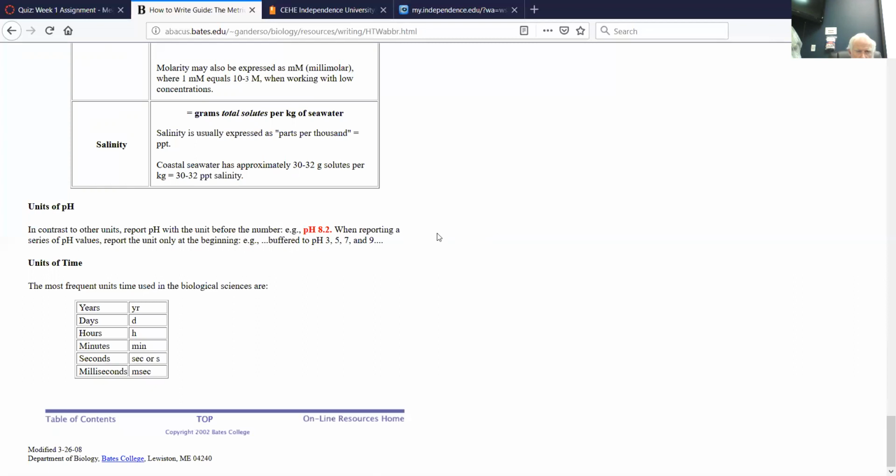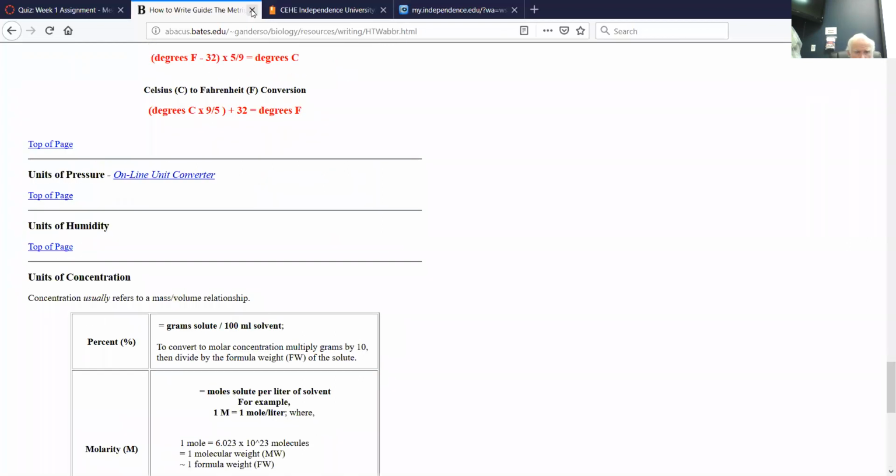Anything under about pH 3 is considered very acidic. Anything above 7 is alkaline or basic. Healthy blood pH is about 7.35. Healthy urine pH varies from 5 to 8, depending on the components of the urine at any one time. So that's all we're going to talk about there.